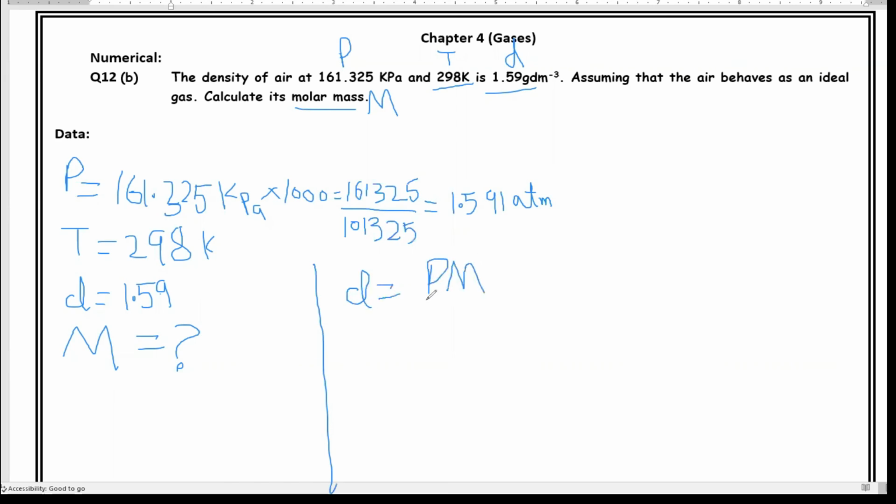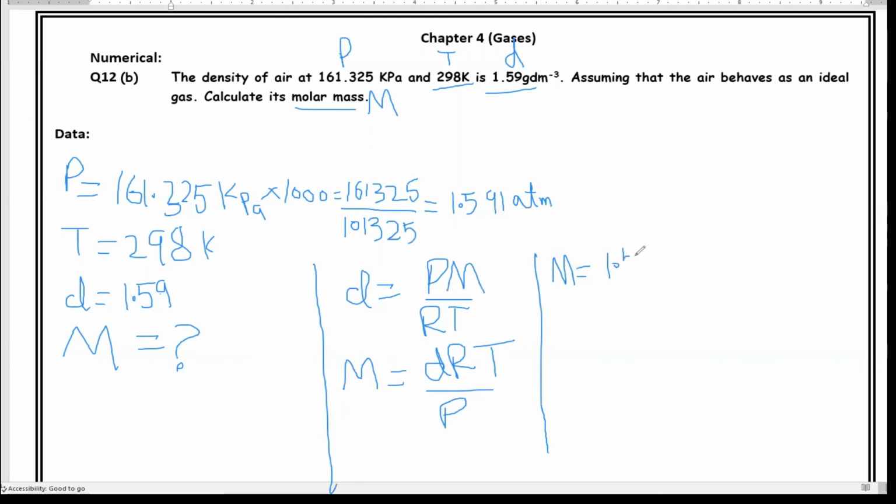PM by RT. You have to find the molar mass, so if we rearrange this, the molar mass answer will come. You multiply RT on the left side, and on the right side, divided by pressure. Now putting the values, we find some results. The molar mass comes out to be, the value of density of gas is 1.59, given in the question.